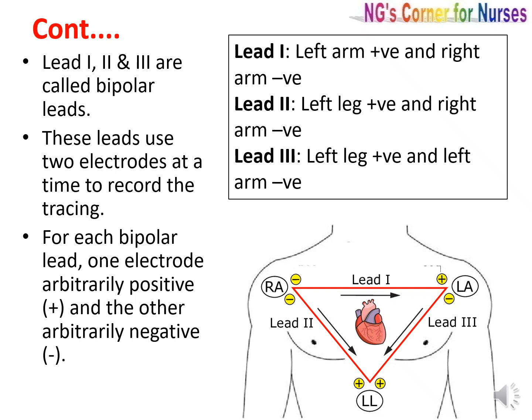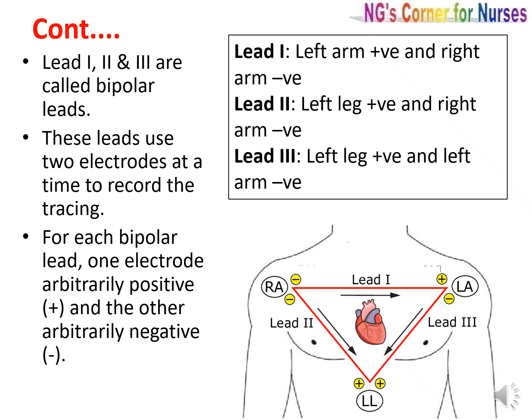The first three leads, that means lead 1, 2 and 3, are called bipolar leads. These leads use two electrodes at a time to record the tracing. For each bipolar lead, one electrode is positive and the other one is negative.